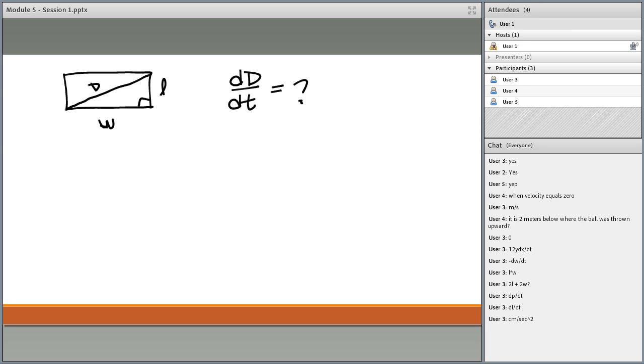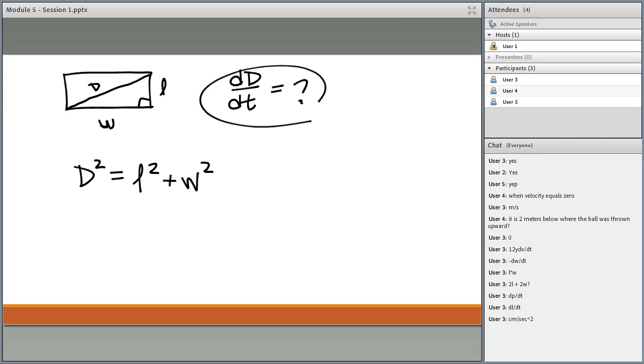Well, technically we've got a right triangle here, so we can use the Pythagorean theorem, which says that d squared equals L squared plus W squared. So we could take the square root of both sides to solve for just d, but we're trying to find this value, so we really don't need to.